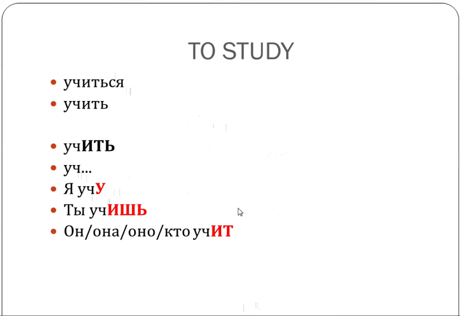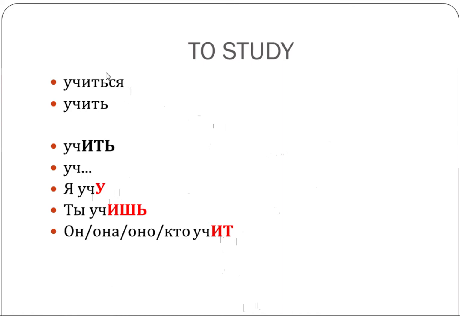And the thing is that even though we pronounce ю, учу, Ч doesn't like the letter Ю and doesn't want to be close to it. So instead of Ю, we use У, учу, for spelling purposes, but we do pronounce it as У. Then if you remember, with ты the ending is ишь, and with он, она, оно, кто, the ending is ит. So just like with говорить.